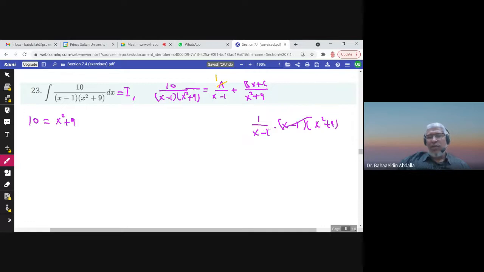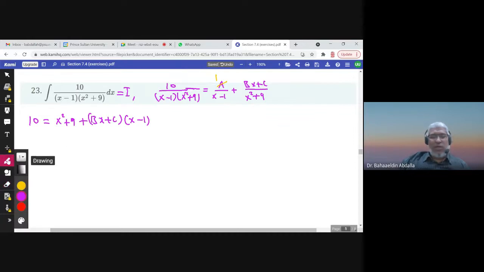So these will be cancelled, and I'll have x squared plus 9 times 1. Also, bx plus c would be multiplied by x minus 1, because x squared plus 9 would be cancelled with x squared plus 9. If you have any problem with this, it's easy. Try to do it, please, or try to see the lecture.